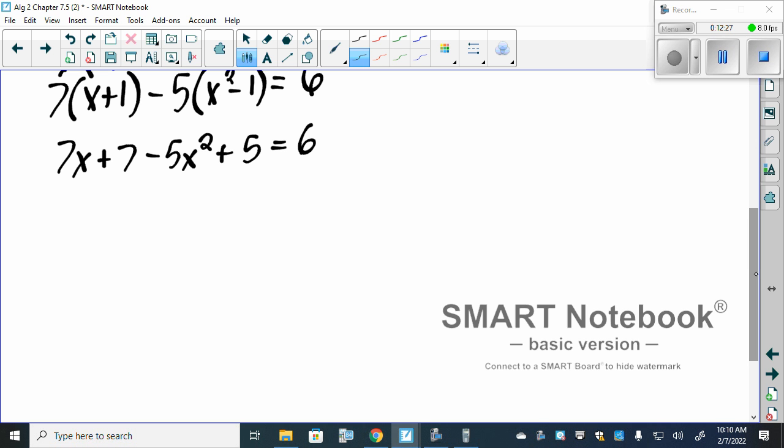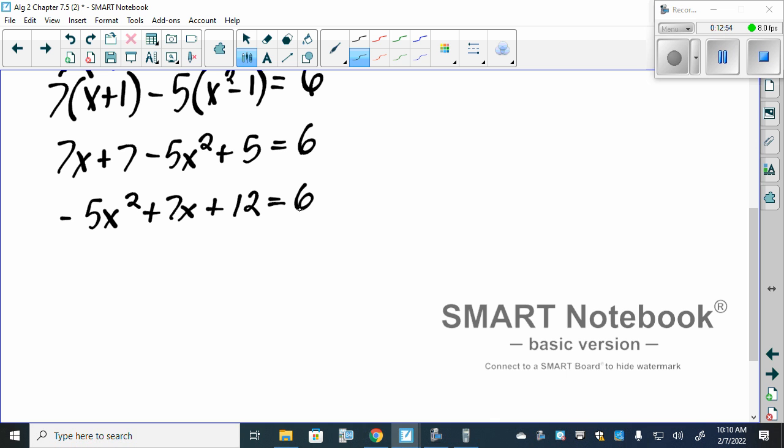Now we do need to combine like terms, and most likely we're going to have to get everything on one side and have it equal to 0. Well, on the left-hand side, we do have the negative 5x squared. There's no other x squared term, so it is going to be by itself. Plus 7x, because there's no other terms with x. Plus 12 is equal to 6.